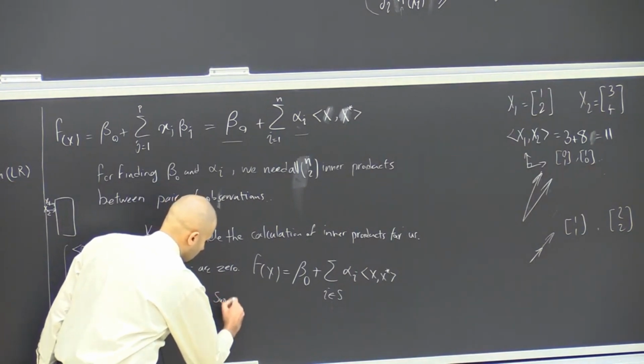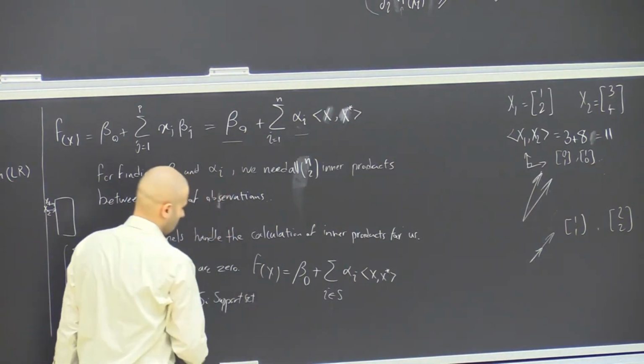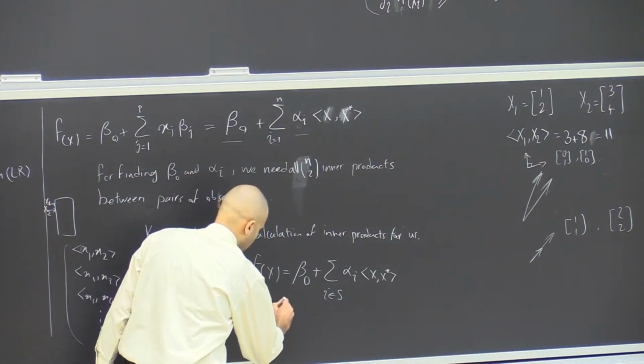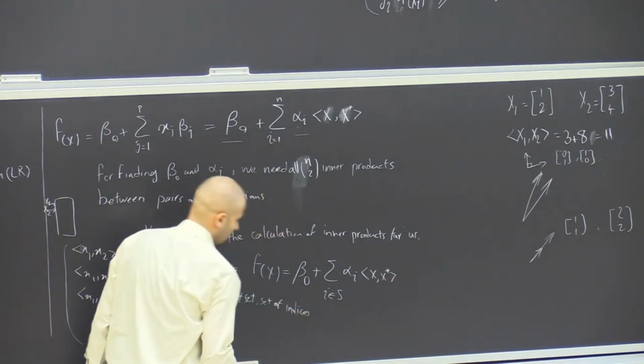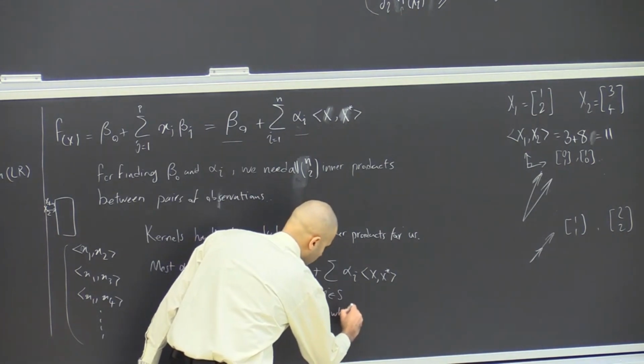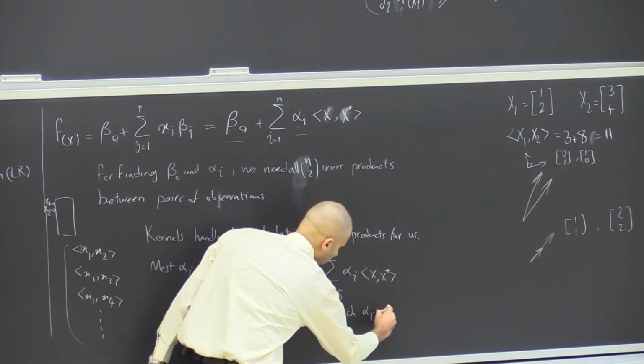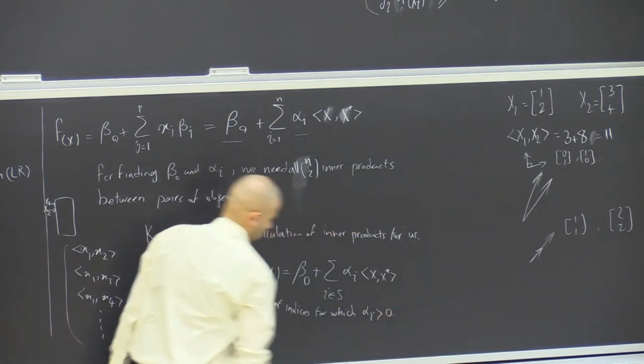S is a support set, which means the set of indices for which alpha i is not 0.